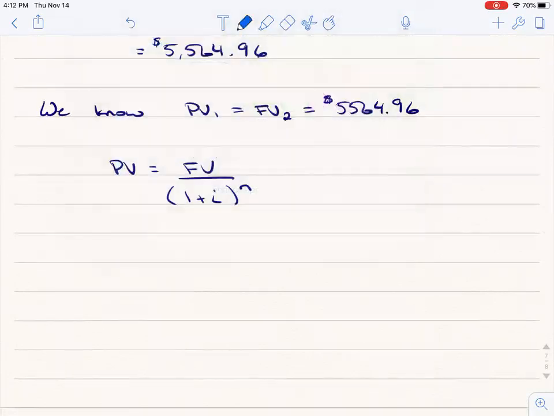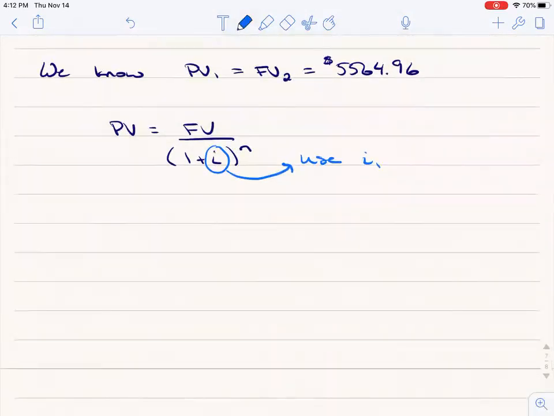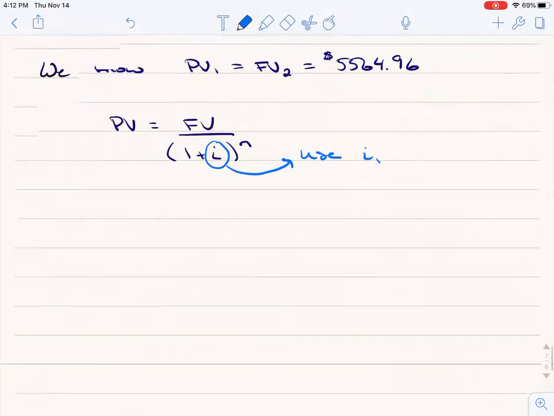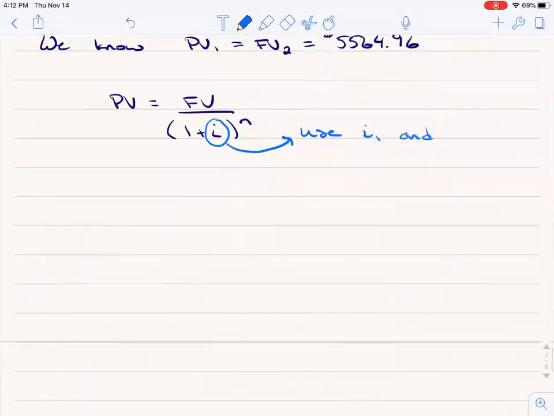A note here is that for I, we're going to use I1, and n is time times F1.